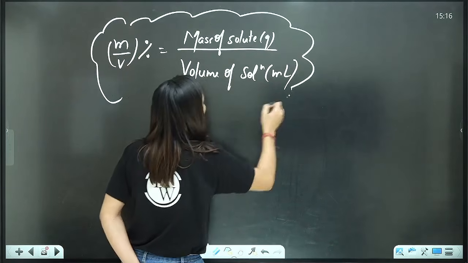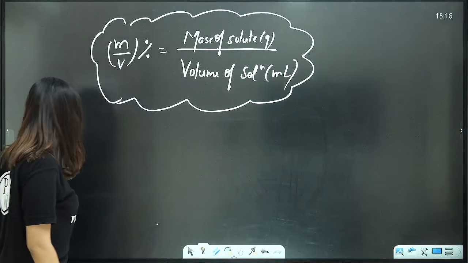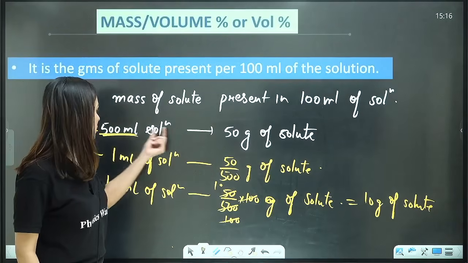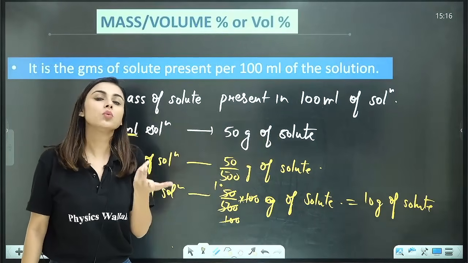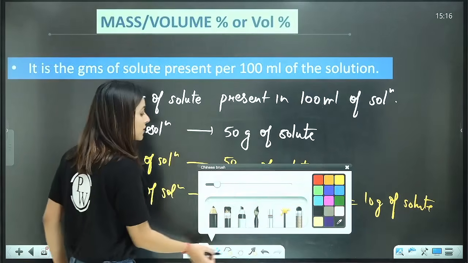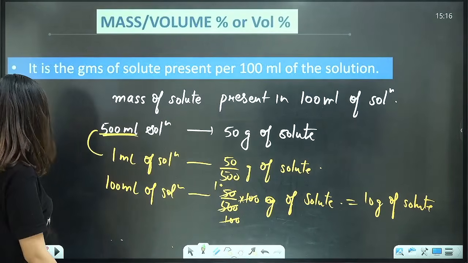Now, if you use this particular formula for the same question, that you have 500 ml of solution and 50 grams of solute, what would be the mass by volume percentage? Just put the values. 50 grams of solute, 500 ml of solution.